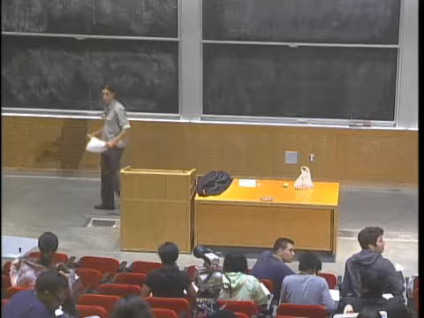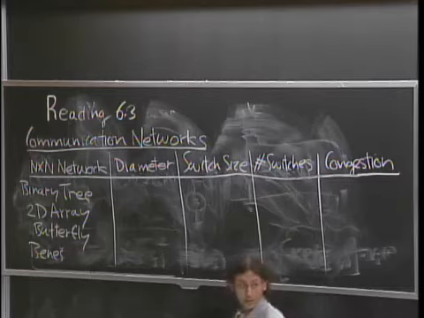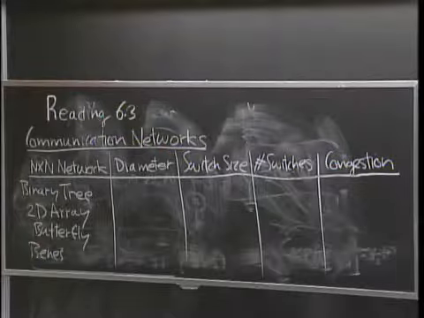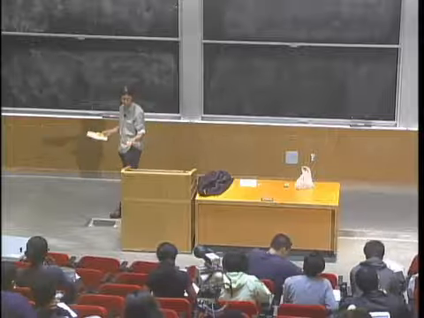So today we're going to talk about communication networks. Communication networks is a great application of graph theory. What we're going to study is how you route packets through networks. The internet is a chaotic network. It's not organized.